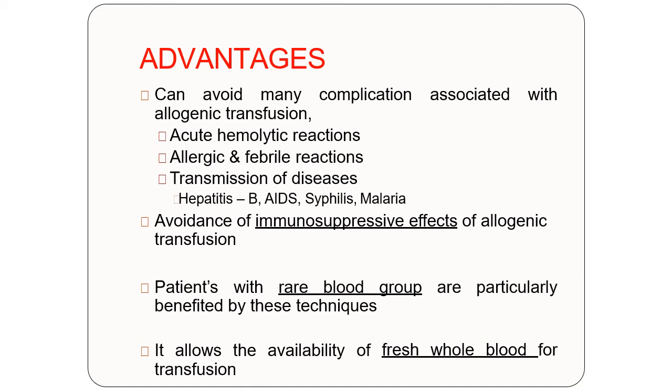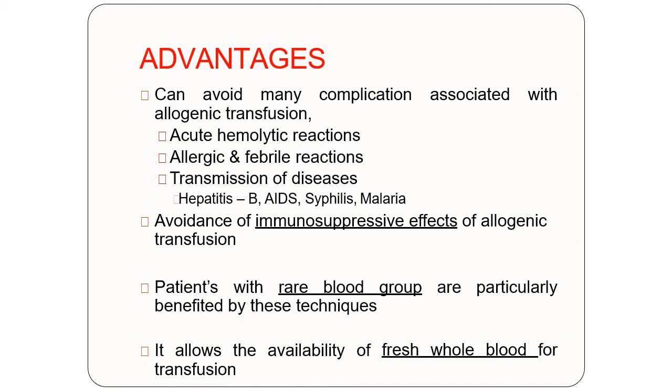What are the advantages of autologous blood transfusion? It can avoid many complications associated with allogeneic transfusion, such as acute hemolytic reaction, allergic and febrile reactions, and the transmission of diseases. There is avoidance of the immunosuppressive effects of allogenic transfusion. If the patient has a rare blood group, it can be very advantageous.